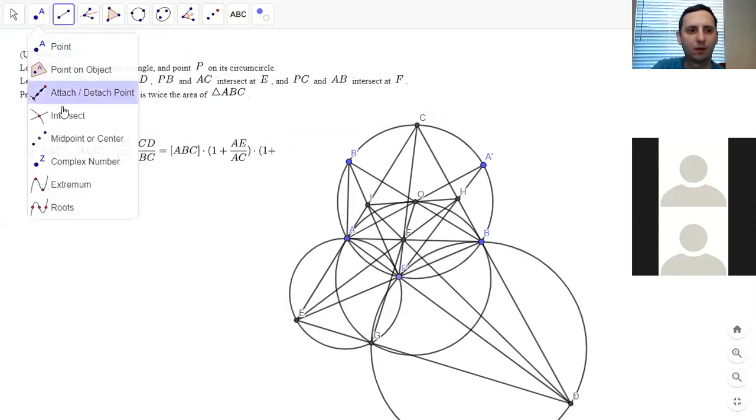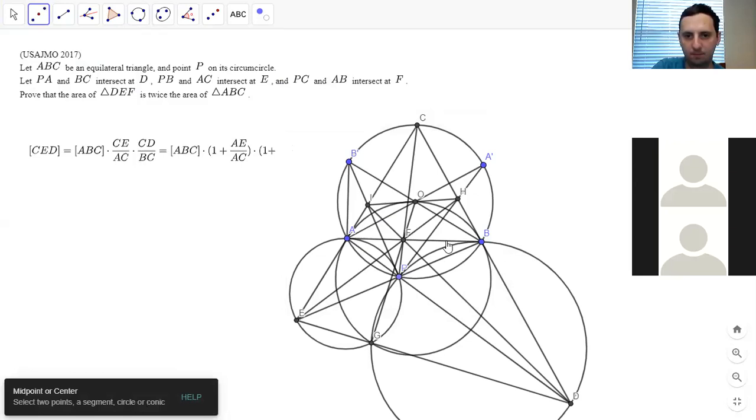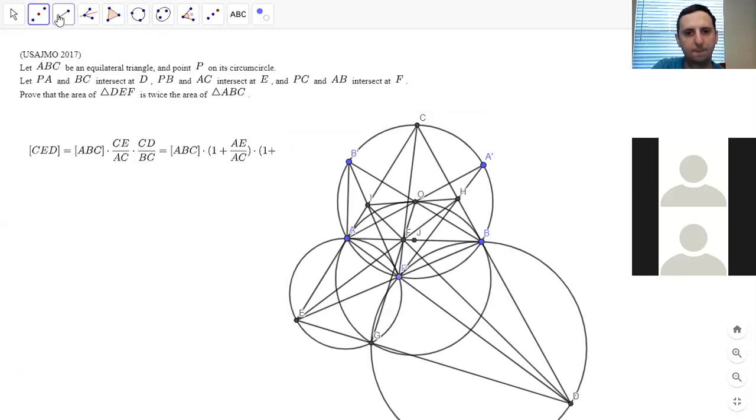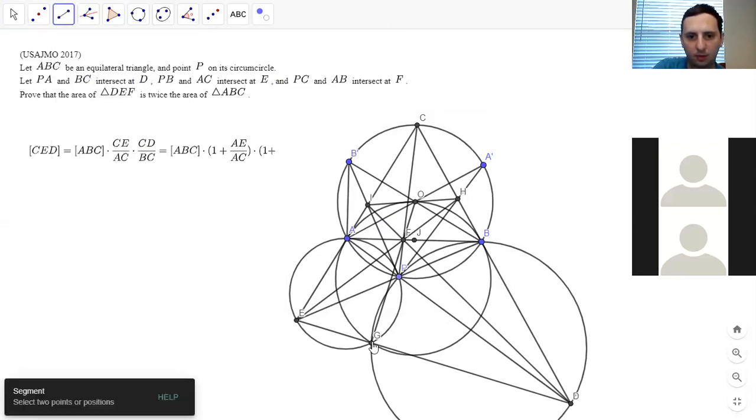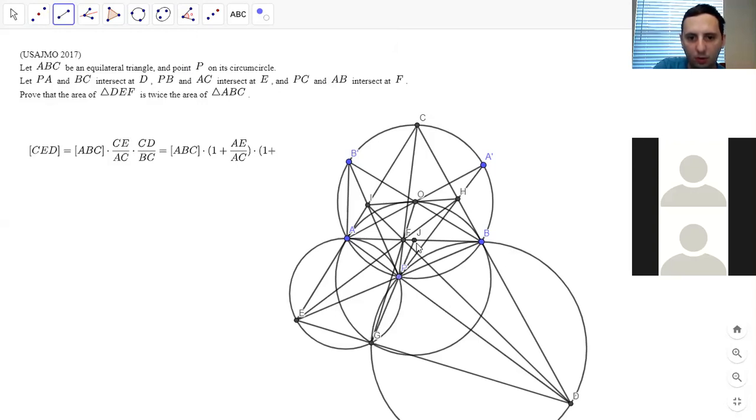Because of this median, the angle AGC would be equal to BGP, or APC. I don't know if it helps, but that's it.